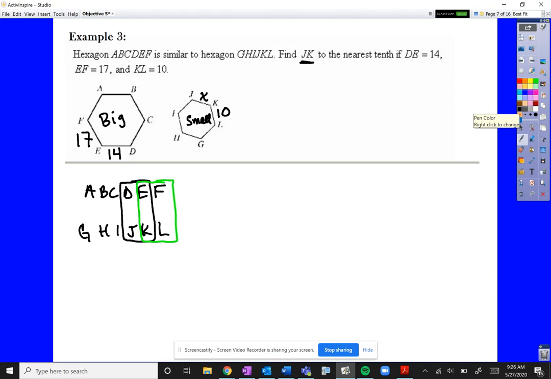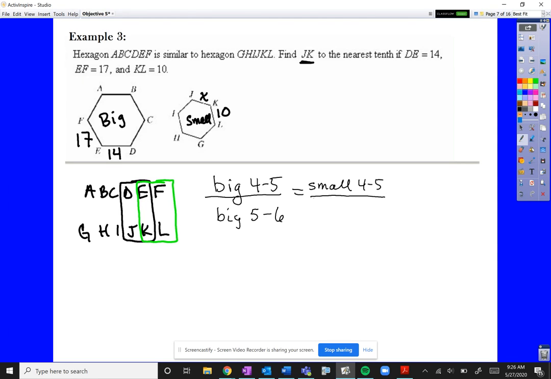So here's what we're going to do. In order to make sure that we're keeping the same proportion, we're going to go the big hexagon that connects 4 to 5 over the big hexagon that connects 5 to 6. And we need to keep the same proportion, the small hexagon that connects 4 to 5 over the small that connects 5 to 6.